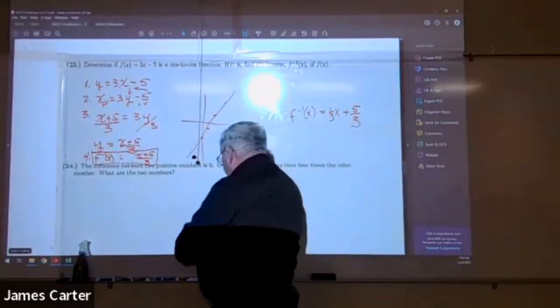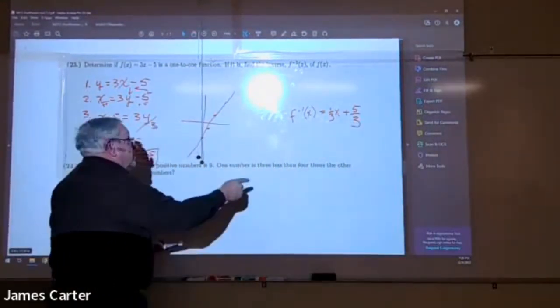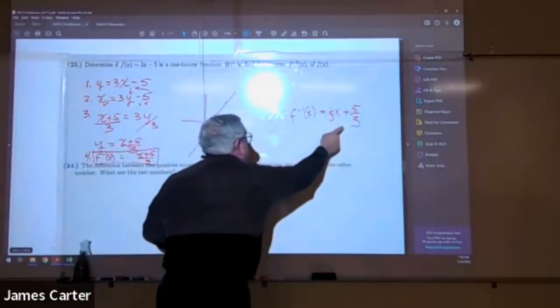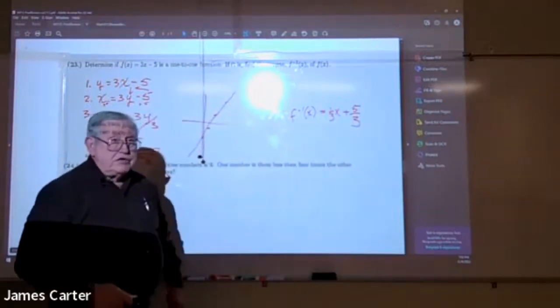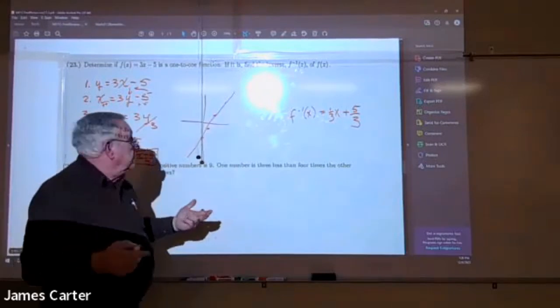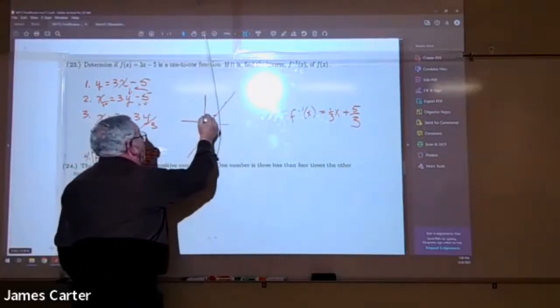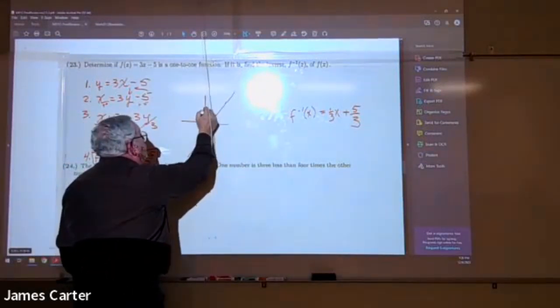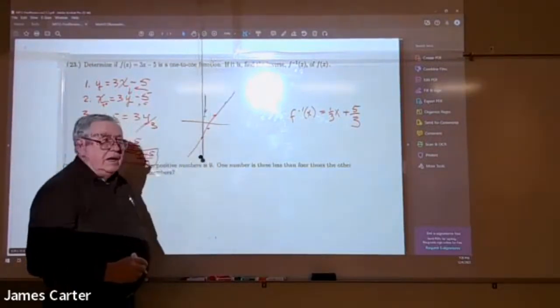If I tried to graph it, this is going to make it a little hard. 5/3 is 1 2/3. So if here's 1, here's 2, 1 2/3 would be about there.